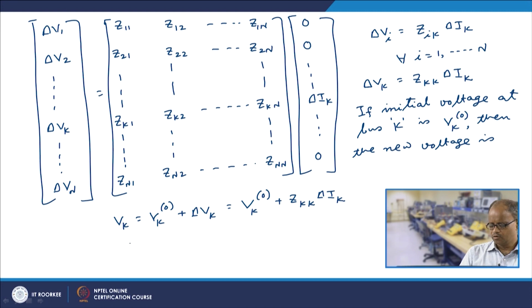So, we have got the final equation as V k is equal to V k naught plus Z k k delta I k.